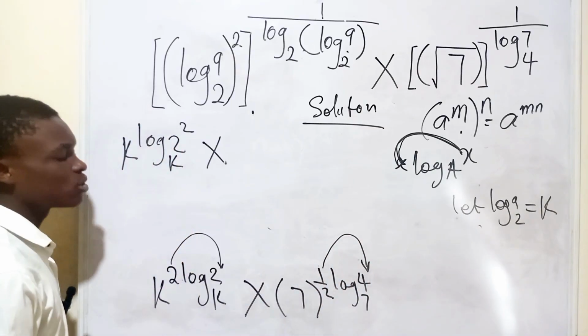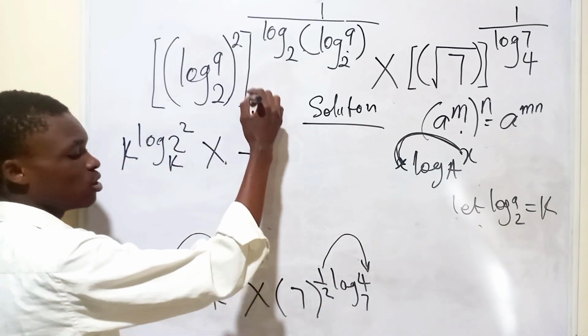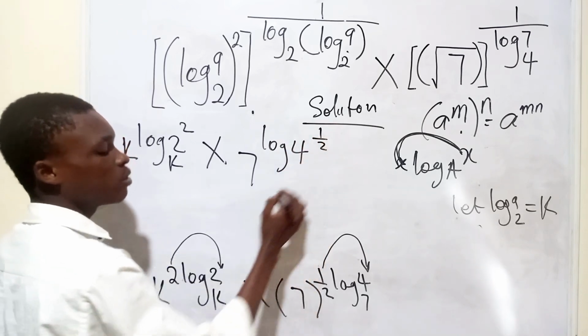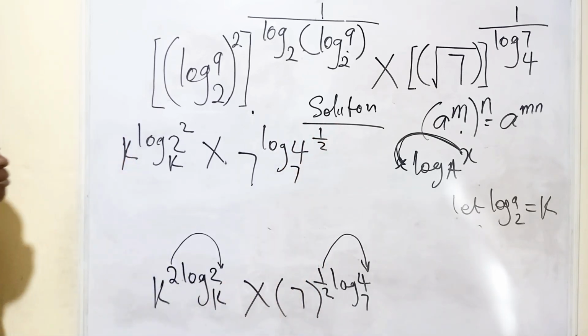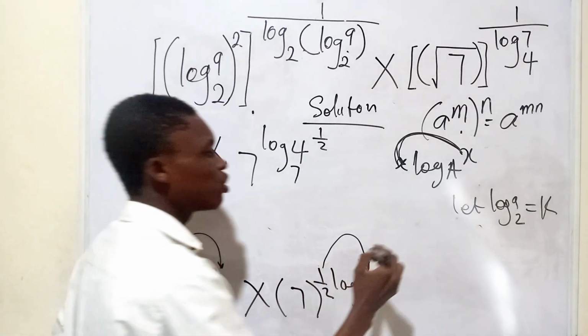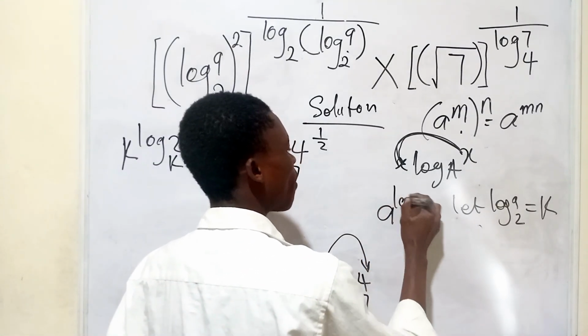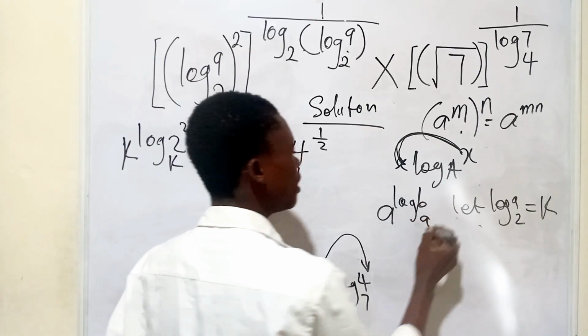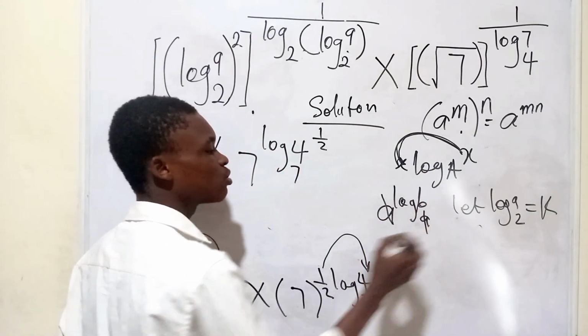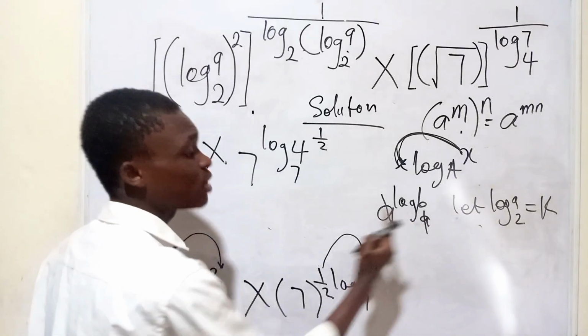So if that happens, we have that this is 7 to the power log 4 raised to the power of 1 over 2 base 7. So clearly from here, from this law, if we have a to the power log b base a, since these bases are the same, this term cancels out this term.